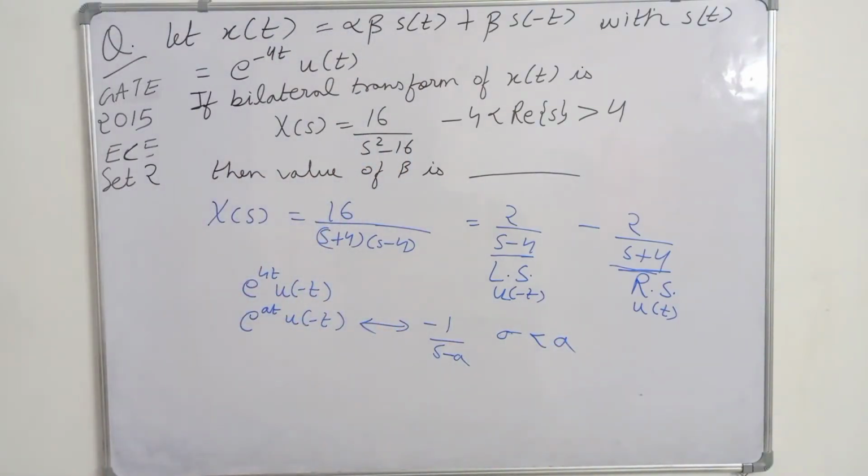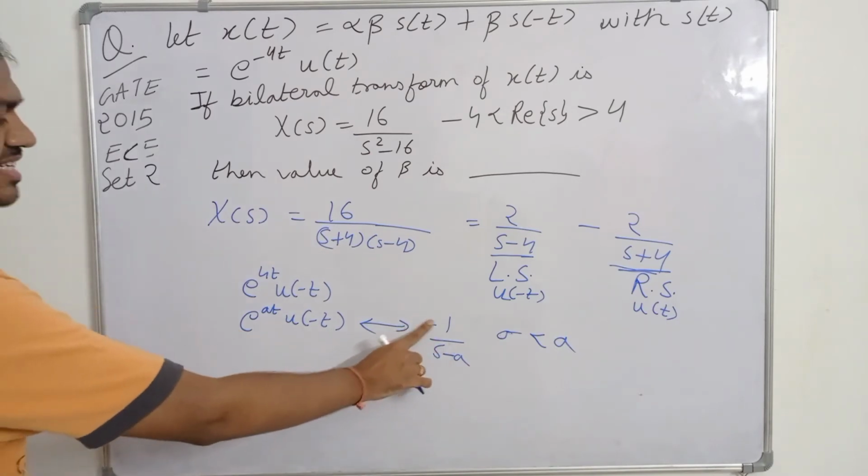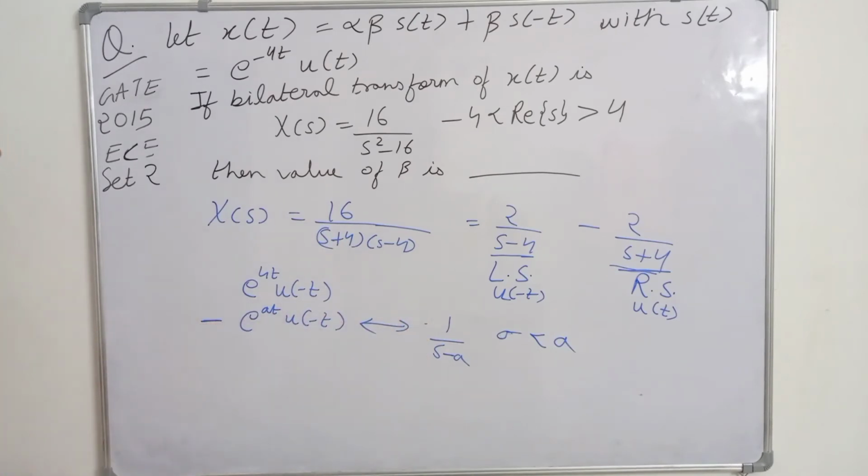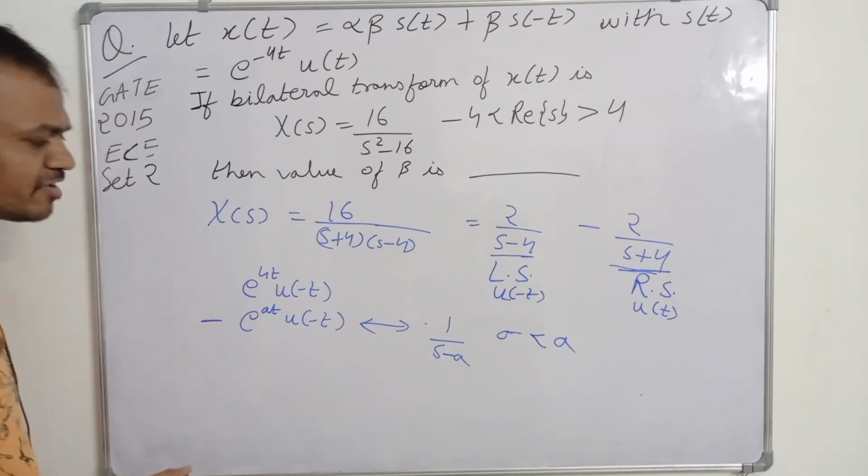So real part of s must be less than 4. This is the Laplace transform for the left-sided signal. So for 1 upon s minus a, the inverse Laplace transform is minus e to the power at u of minus t.